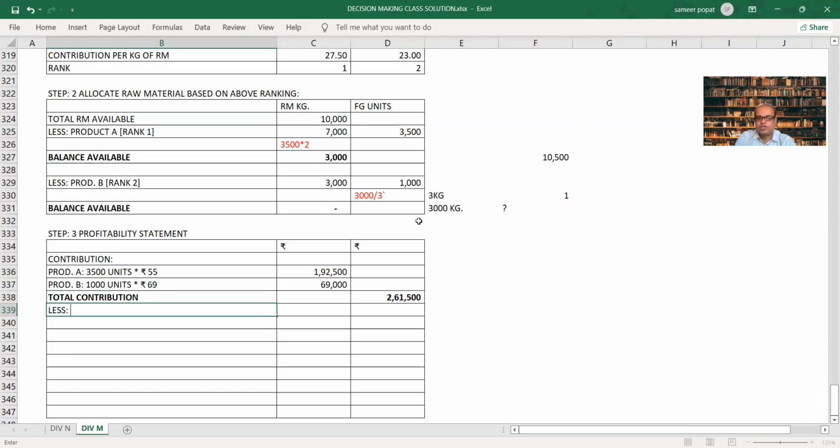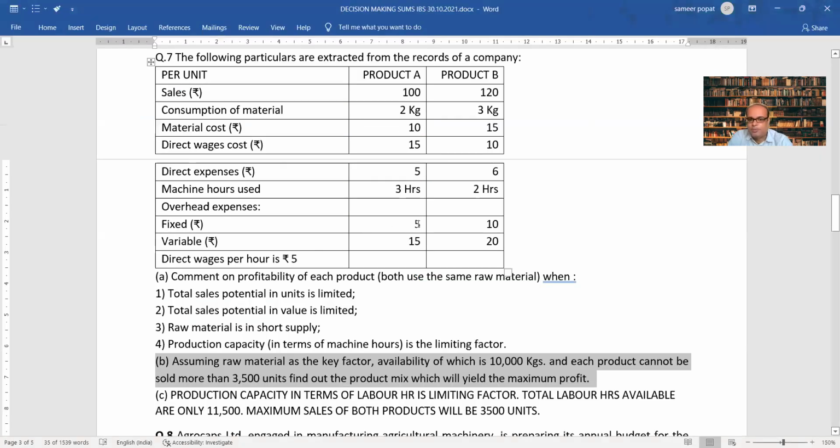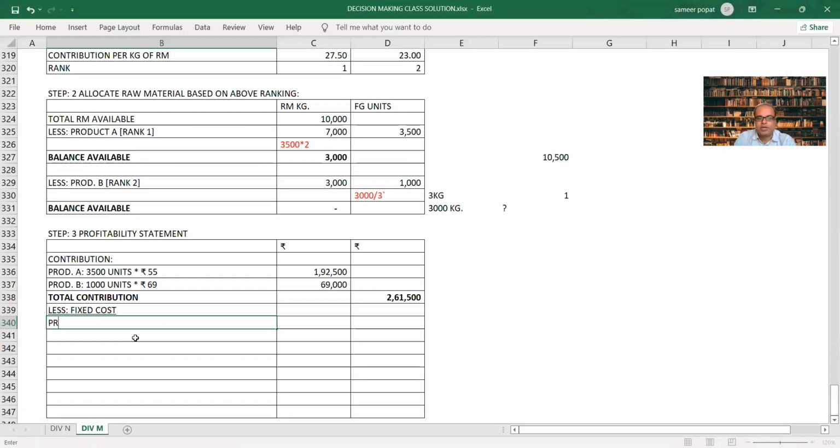Now from this contribution, we'll reduce the fixed cost, so we'll get profit. Fixed cost is 5 rupees per unit for A and 10 rupees per unit for B. So for product A, it will be 3,500 units into rupees 5.